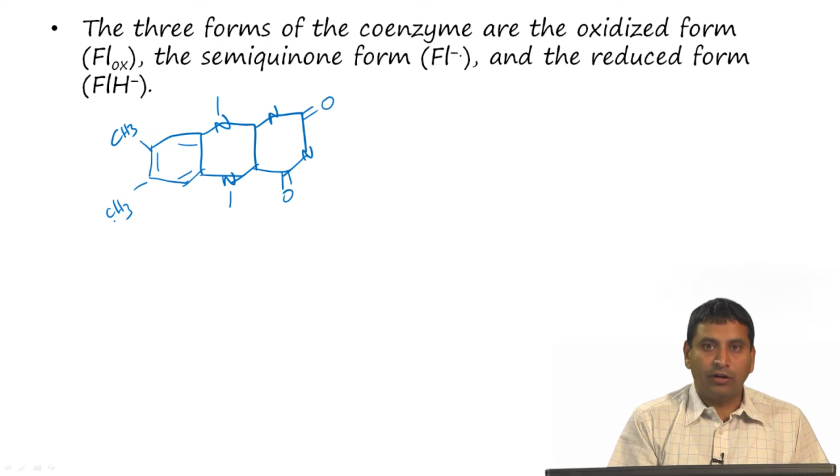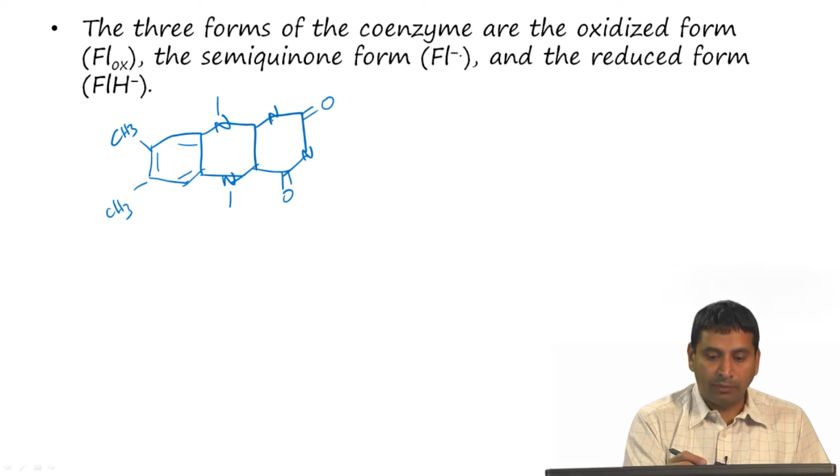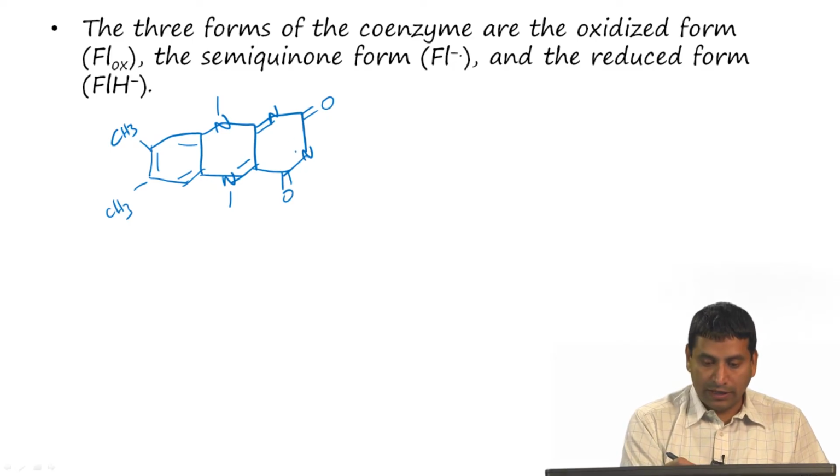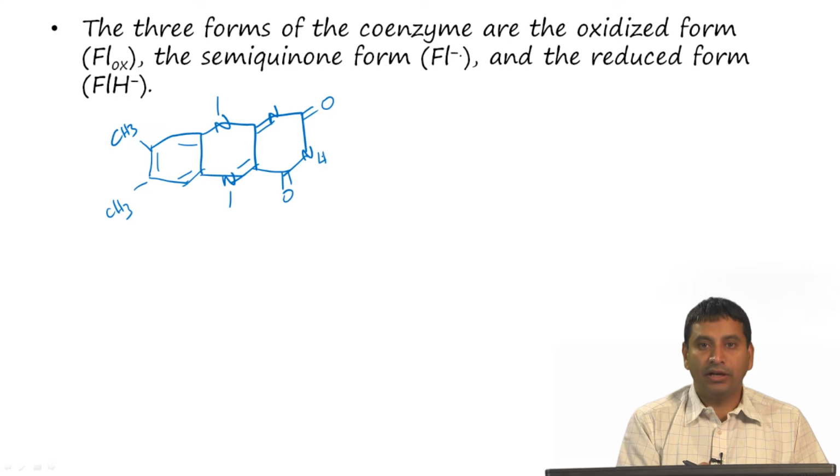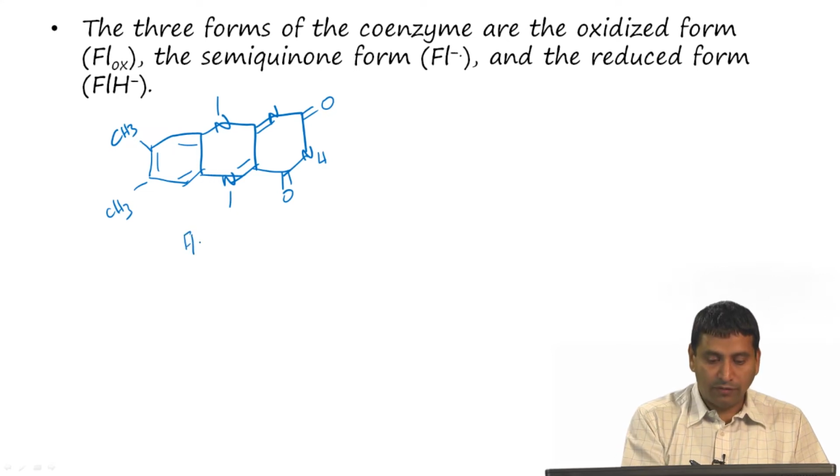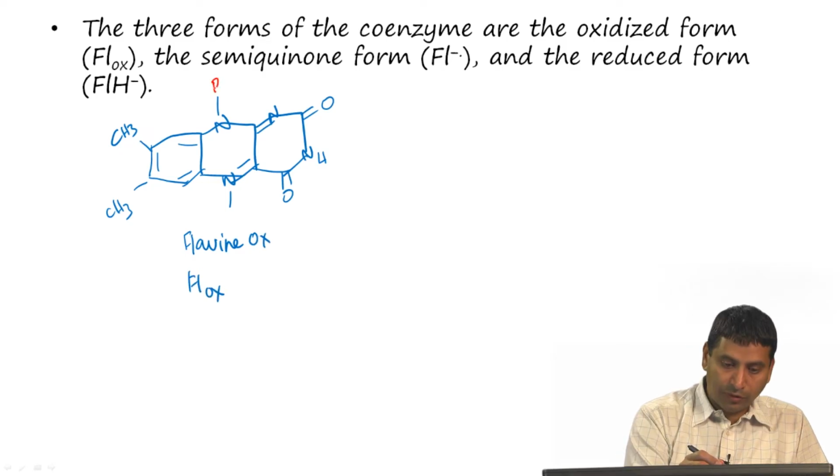Since it is a highly conjugated system, you can imagine there is a double bond here, a double bond here, and an NH over here. This is called flavin oxidized form, or FLOX. So, this group here is R.